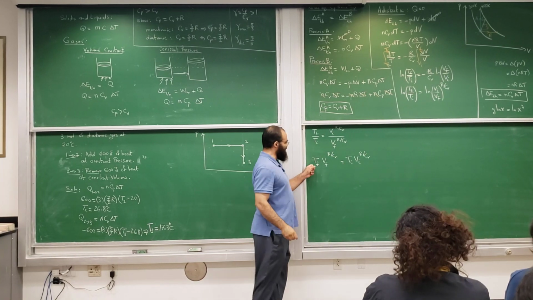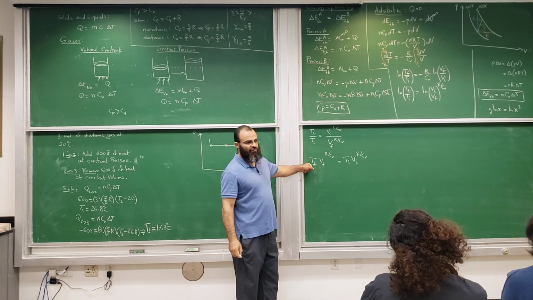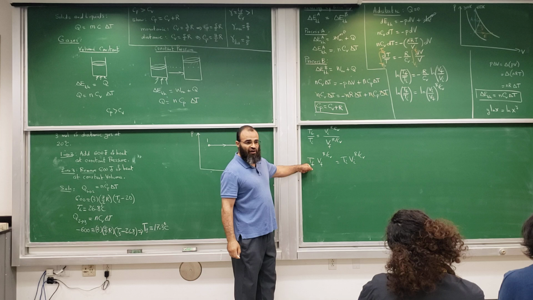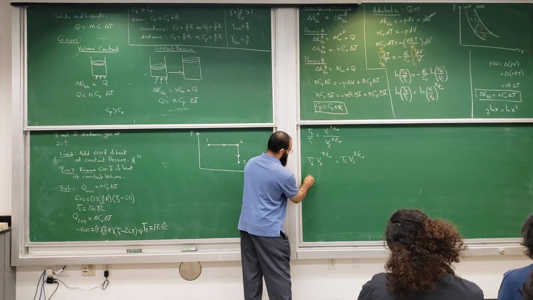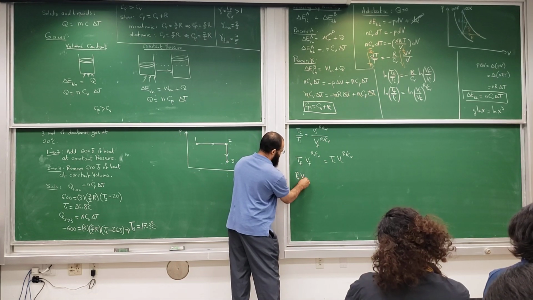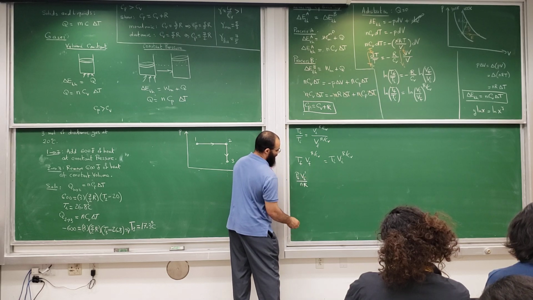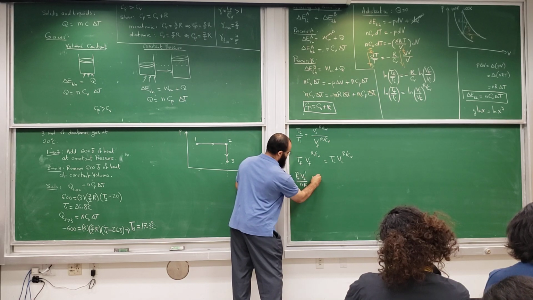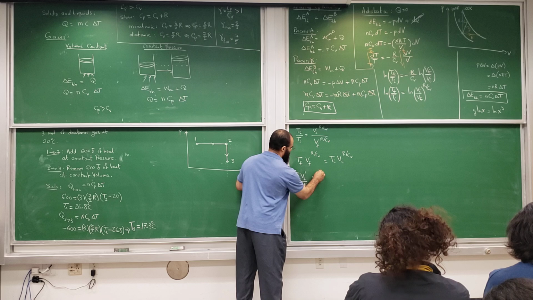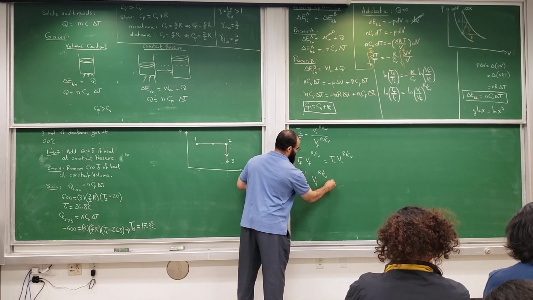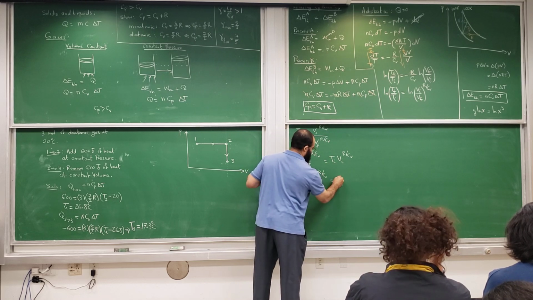And then use the ideal gas law. T final is P final V final over NR. So you have P final V final over NR, and then this is V to the 1, right? And then you get V final to the R over Cv, and then on the right side the same thing but with the initial.